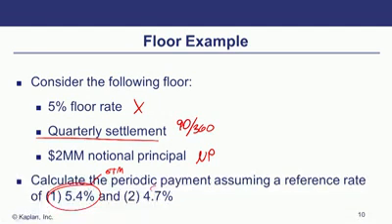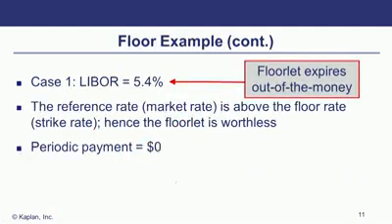And in scenario number two, LIBOR has declined below the strike, so that's where we're going to be making some profit. So let's actually see the numbers themselves. Case number one, as we said, the payoff will be 0 and the option will expire out of the money.